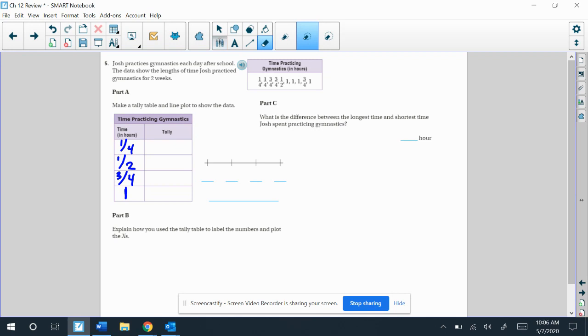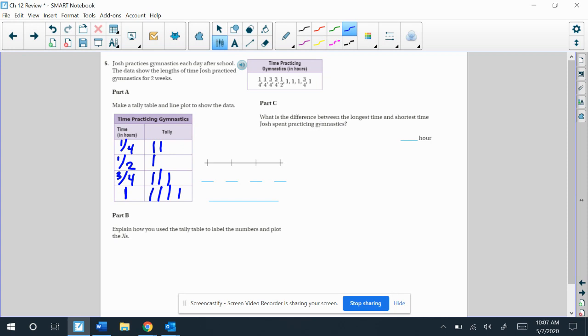All right, let's tally these up. I have 1/4, 1/4, 3/4, 3/4, 1/2, 1, 1, 1, 3/4, and 1. If you tallied them up, yours should look like this.